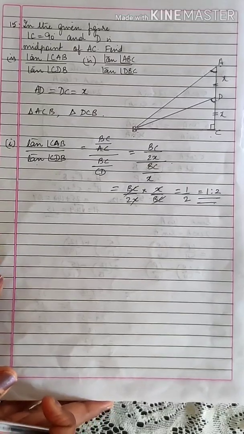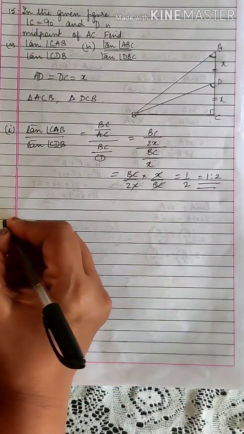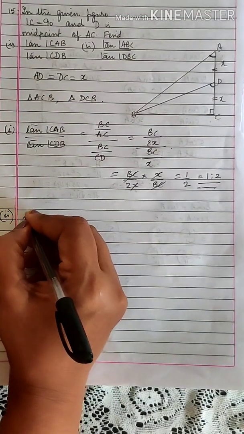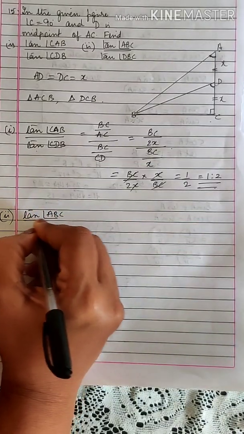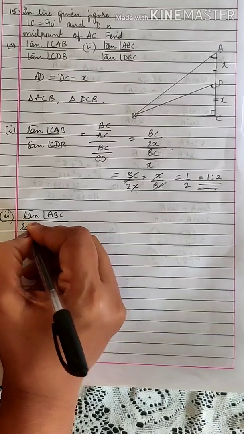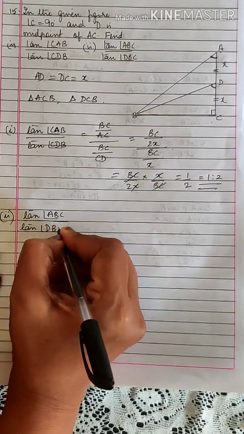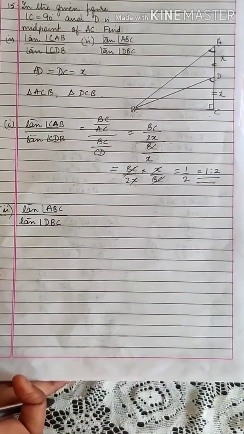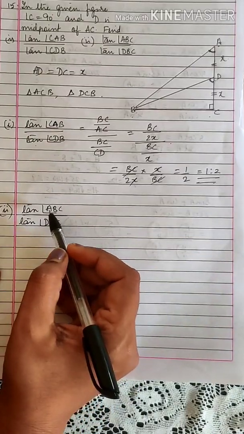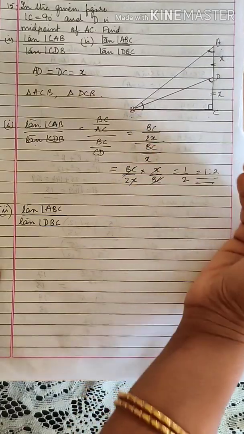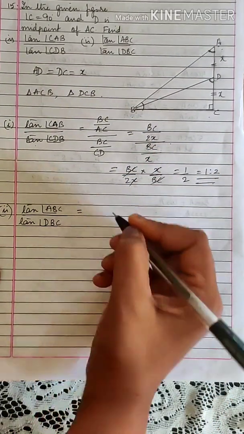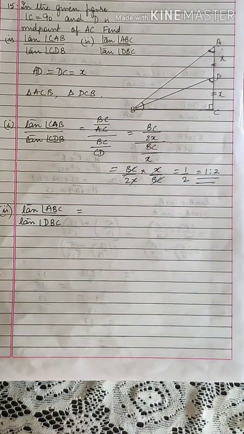Now moving on to the next expression, which is the second one, tan of angle ABC upon tan of angle DBC. In the numerator you have angle ABC, so the reference angle is angle B, and we know the ratio for tan is perpendicular by base.